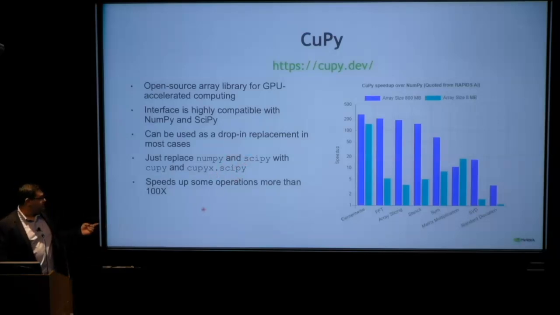And you can speed up a number of these applications more than 100x. As you see here, especially as your data set size increases, if you focus on the purple for the particular kinds of calculation you're doing, like singular value decomposition, you can get maybe 17x performance over using that same thing on CPU.